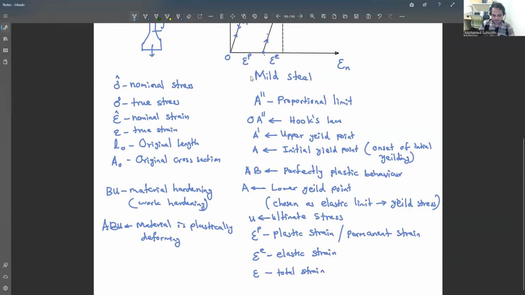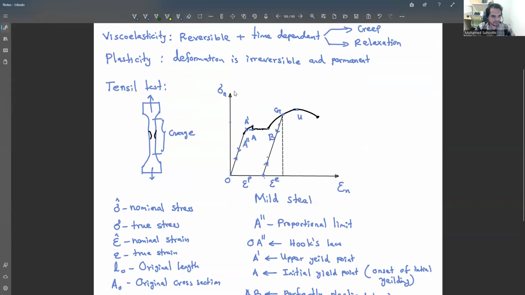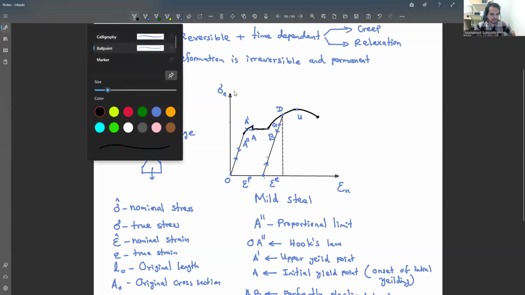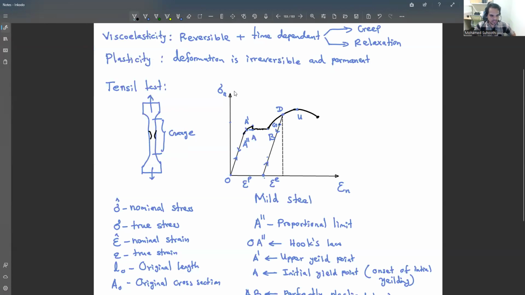Now let's say I mark this point as D, and this point as G. Before reaching this point G, the material will come to the same position. Once the material reaches G, again, as in the previous case, you get the nonlinear deformation.